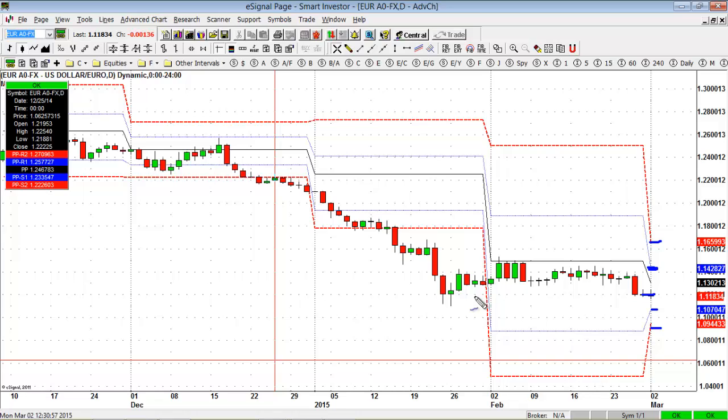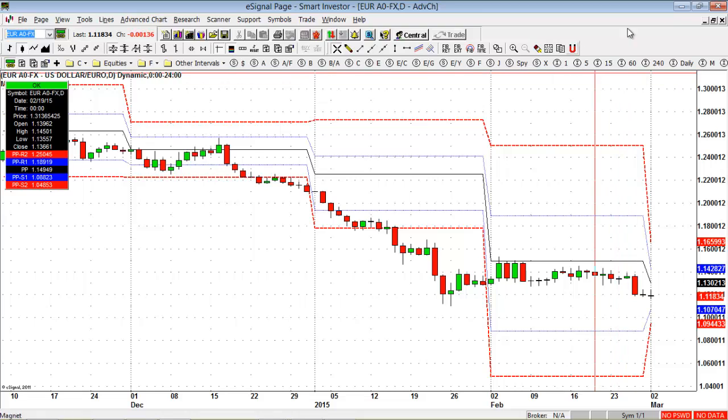So our S1 pivot point is telling us that the likely low, remember pivot points are projected lows and highs for the month, could be at 110.07 and the S2 is at 109.44. So 110.07 and 109.44.